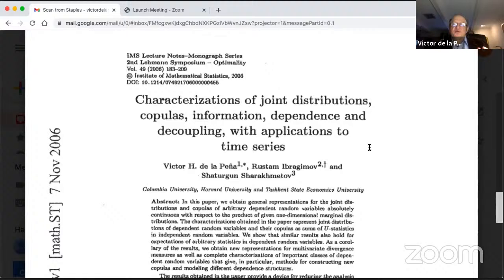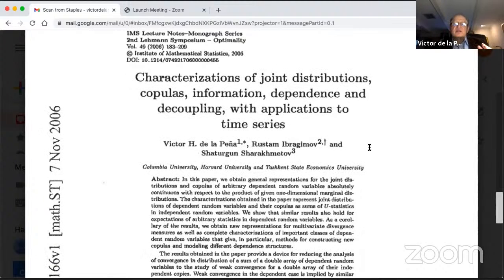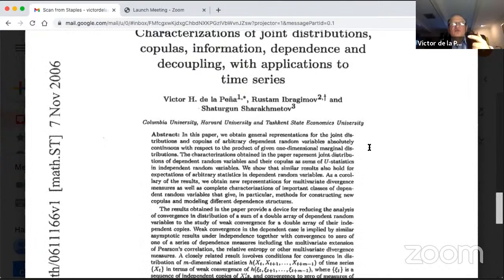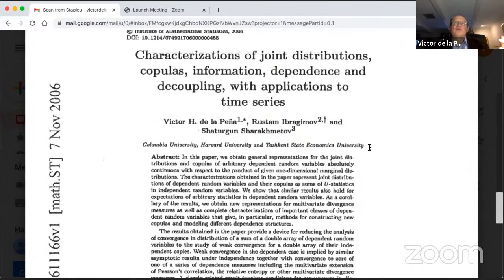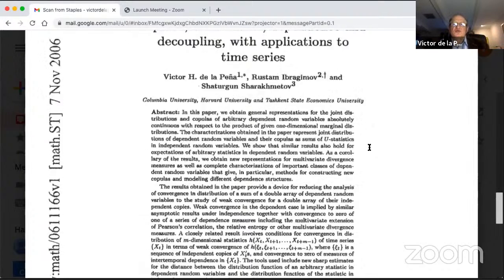And once you know the form, you can get certain dependence structures. So if you want to have stationarity, the copula has to have a certain property, and so forth.